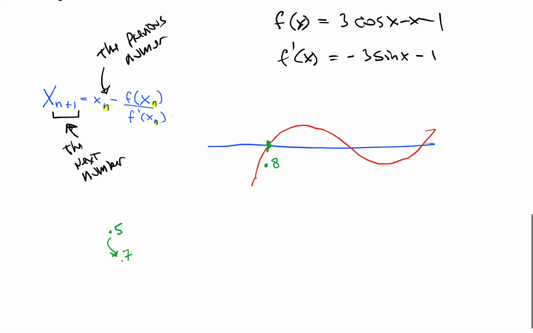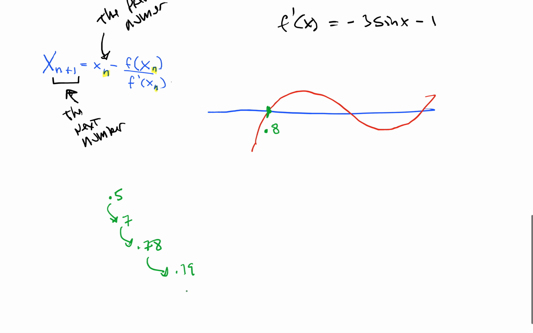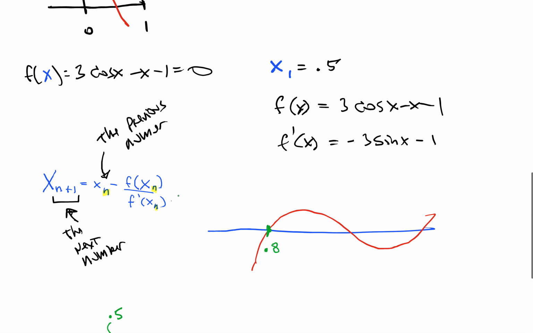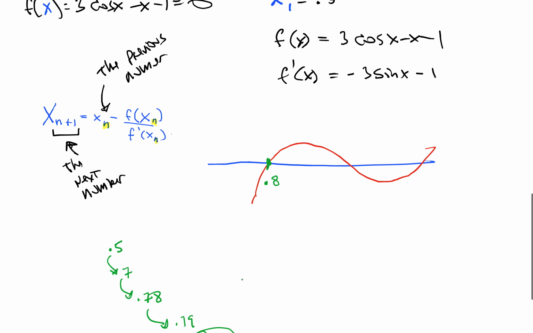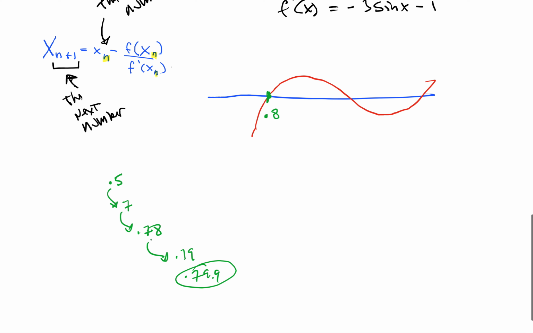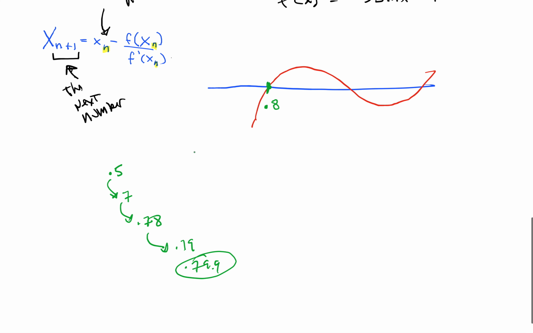Then it's going to give us a new number that's going to be like 0.78. Then a new number like 0.79. And then we're going to get a new number like 0.799. And then when we plug this number back into the original one for x, we're going to find that the whole function will be approximately 0. We're going to drill down till we get to the root. We're going to do these iterations. It's going to narrow it down until we actually find that unknown 0.8.